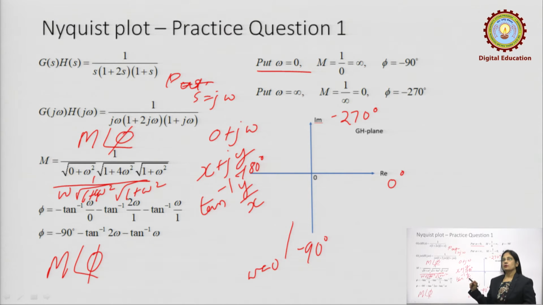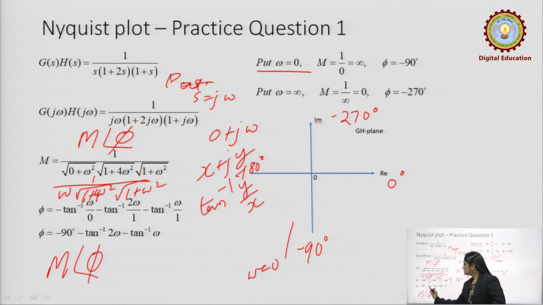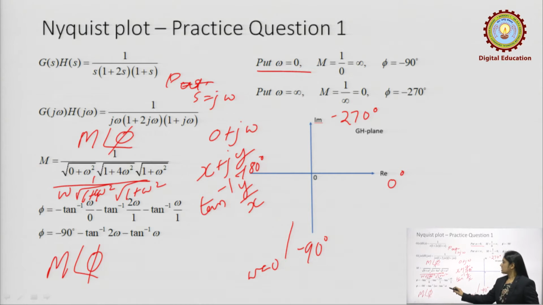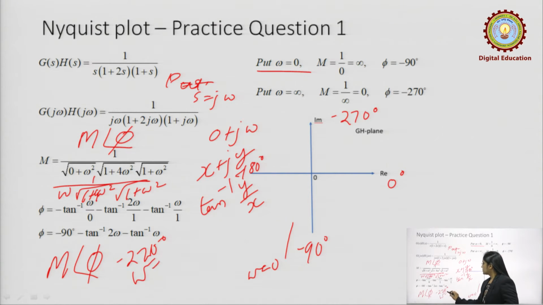Now, if we put omega as infinity, this is to find the end points. When omega is infinite, because we have omega terms in the denominator, magnitude will be 0. And what about the phase angle? Tan inverse infinity is 90 degree, tan inverse infinity is 90 degree. So, it sums out to be minus 270 degree at omega equal to infinity.